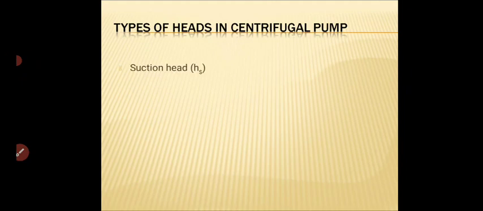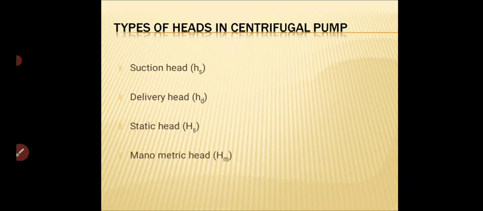The first one is the suction head, which is denoted with small hs, the second one is the delivery head, denoted with small hd, the third is the static head, denoted with capital HS, and the fourth one is the manometric head, denoted with HM.